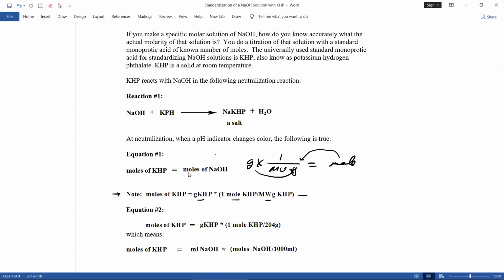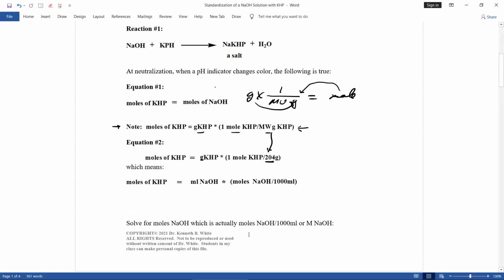And that's what I have right here. Now, being the nice person I am, I give you the molecular weight of KHP. So if you weigh out X grams of KHP, you can use equation 2 to determine the moles of KHP.